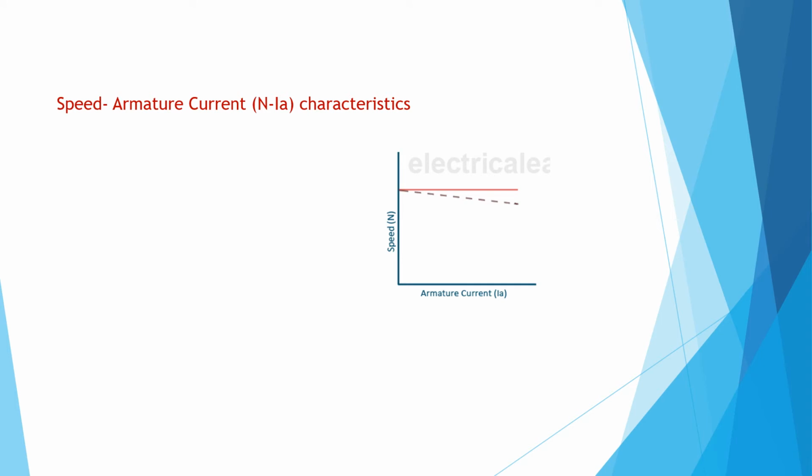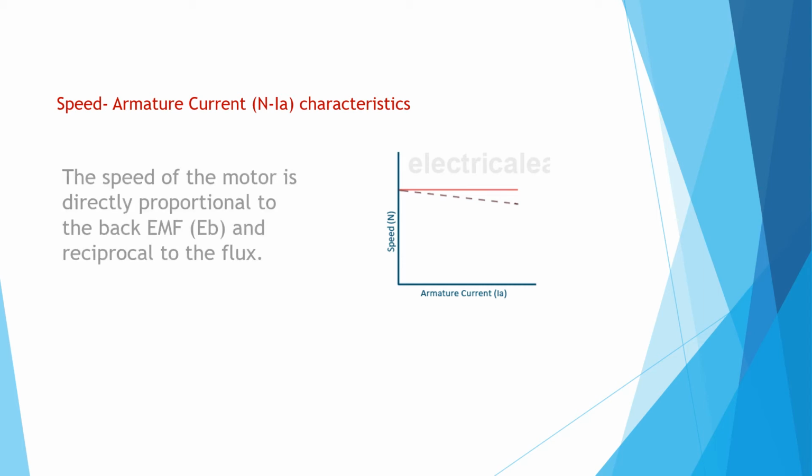Speed armature current characteristics. There is a decrease in speed as armature current increases. The speed of the motor is directly proportional to back EMF. Now let's discuss what is back EMF.